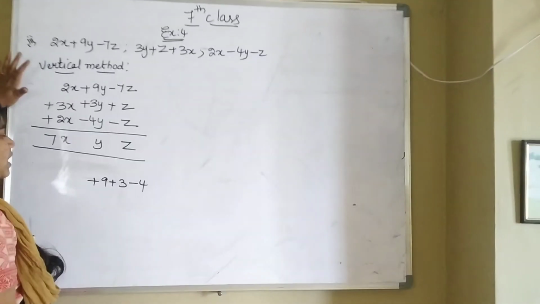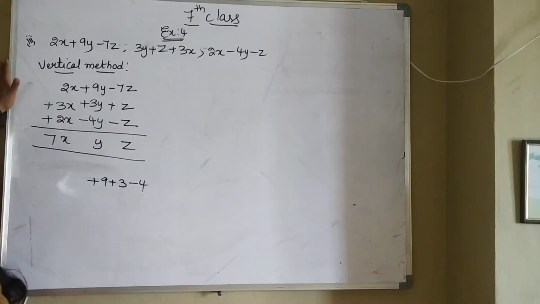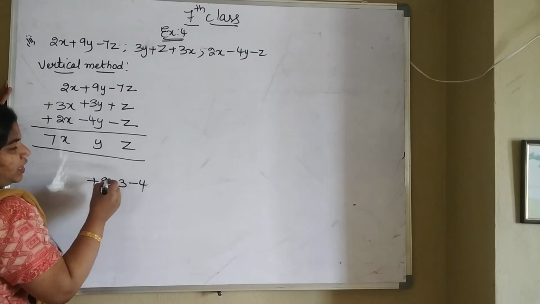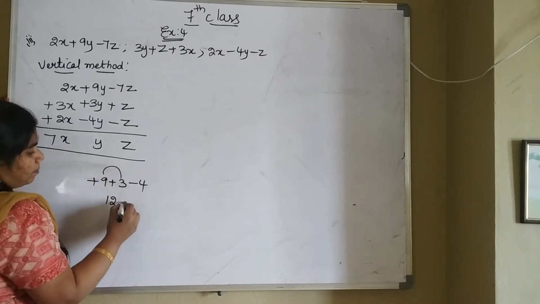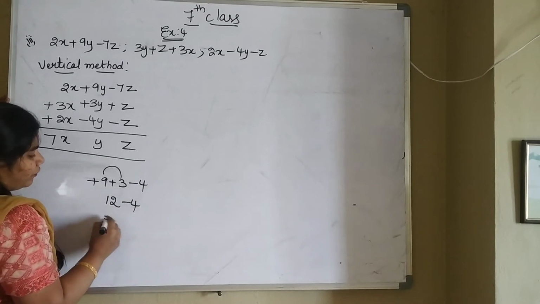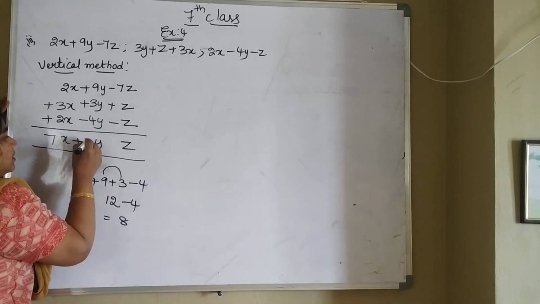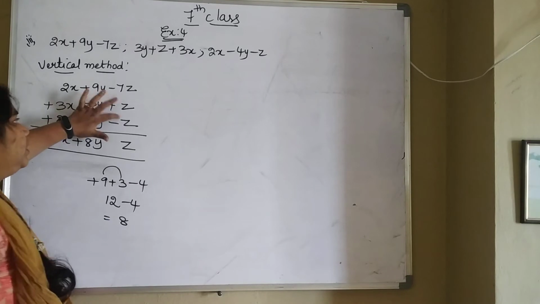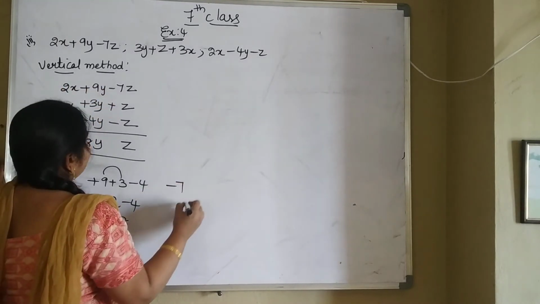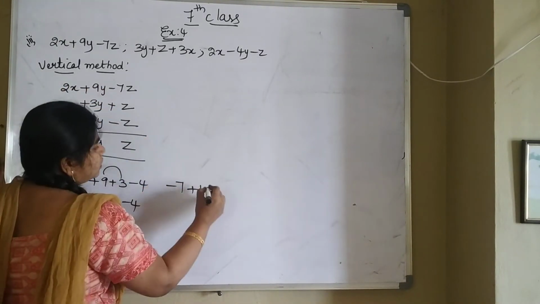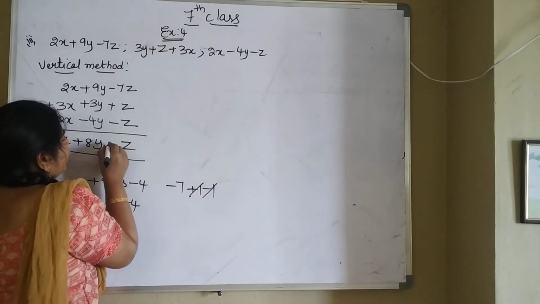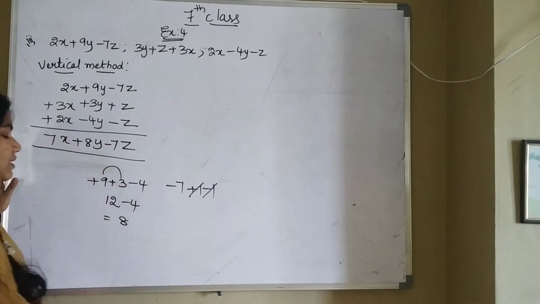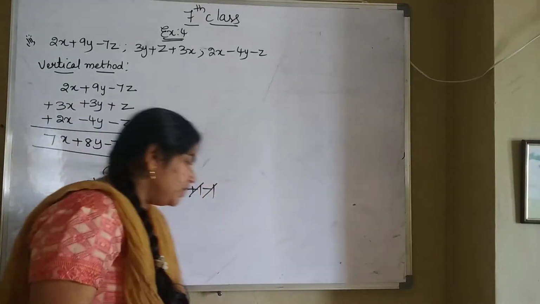So 9 plus 3 will be 12, minus 4. 12 minus 4 will be 8. So here plus 8 you will get. Next, z terms: minus 7 plus 1. Here also minus 1. So plus 1 minus 1 will get cancelled. What is the remaining? That is minus 7z. So this is our result.